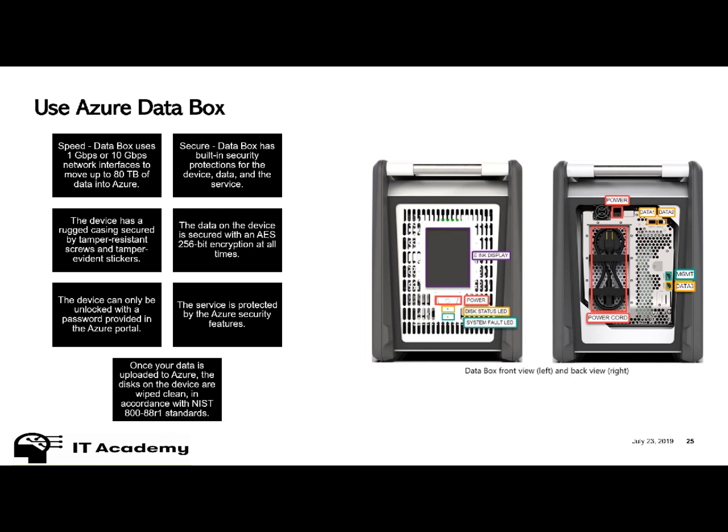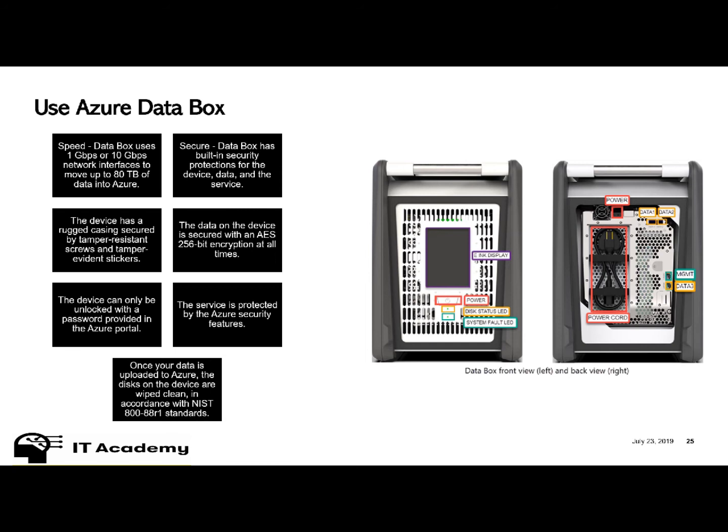From a security perspective, each Data Box has built-in security precautions for the device, data, and the service itself. These include not only authentication and encryption, but also tampering countermeasures. Azure Data Box provides a ruggedized and secure tamper-resistant hardware platform.